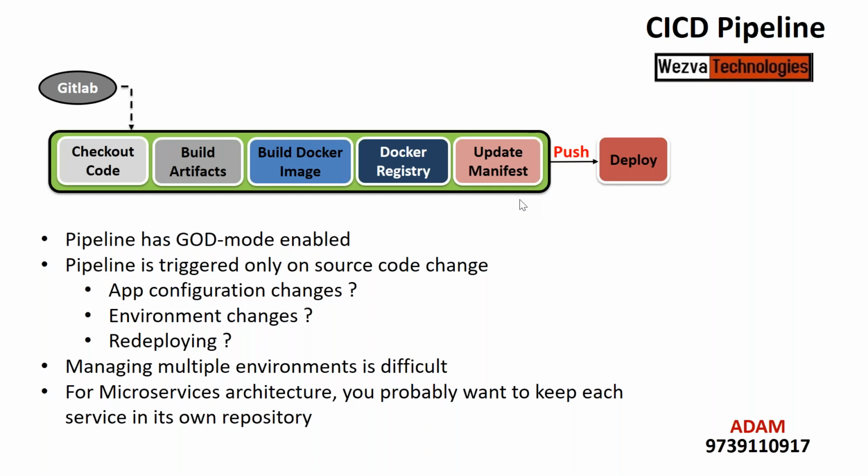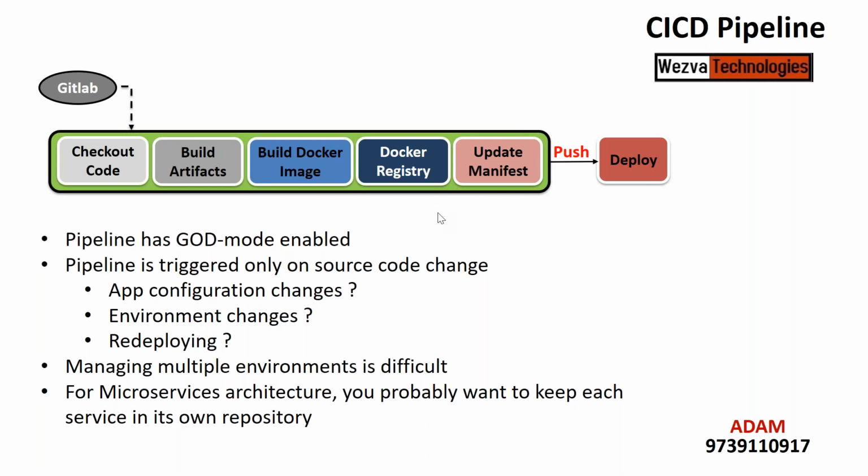Once again, there is no triggering of this particular pipeline, correct? Because I want to just change some user access and I want to trigger. Now those things will also not happen. So the pipeline will get triggered only based on a change in the source code. So whether there is an application change or an environment change, this will not work.